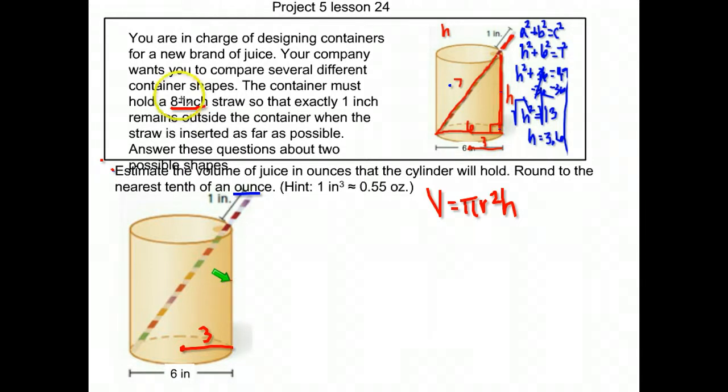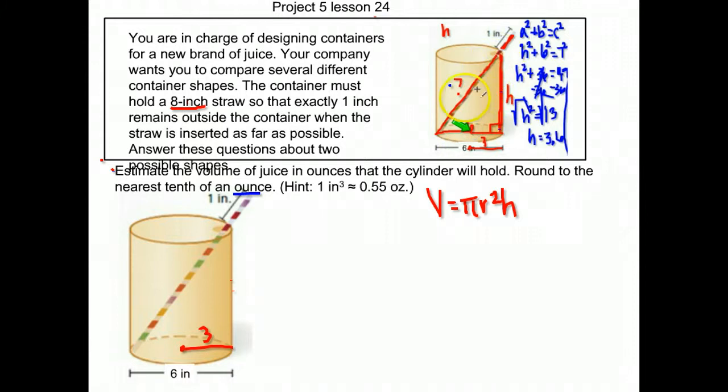Now in your instructions, I believe you're working with a 6-inch straw, again, and a different base here. What you'll need to do if you don't know your height is go back to Project 5, the Lesson 23 questions, because in those questions, that's what you did, was find the height of the container. Okay, and this was the process that we used. In our example, we had an 8-inch straw in the one that I did with 1 inch sticking out, so that left a 7-inch straw here.